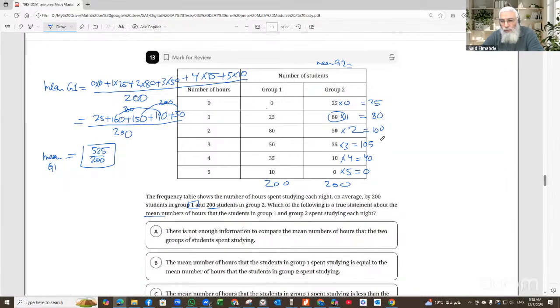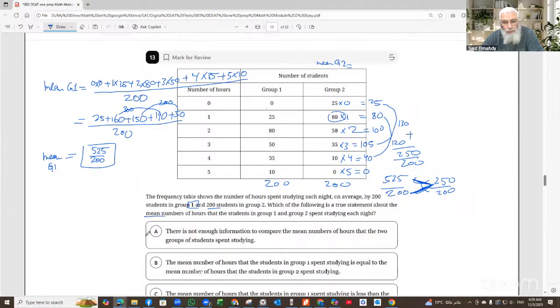We add all these numbers. This is 130, this is 120. So 130 plus 120 is 250 divided by 200. This is less. So 250 divided by 200 is less than 525 divided by 200.